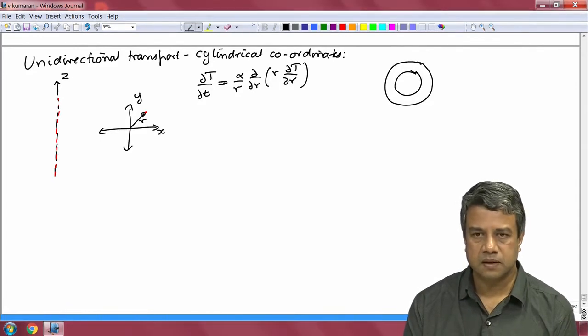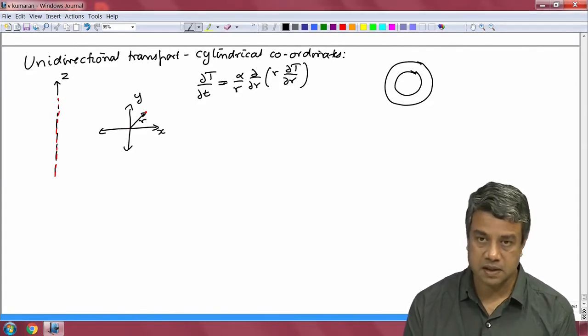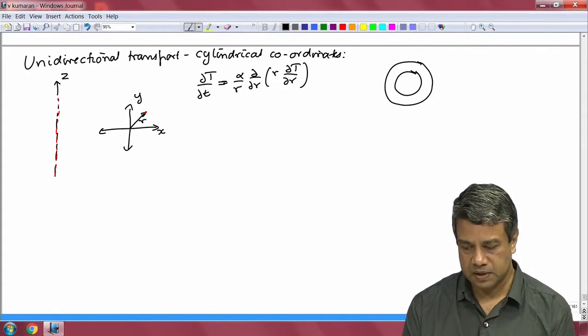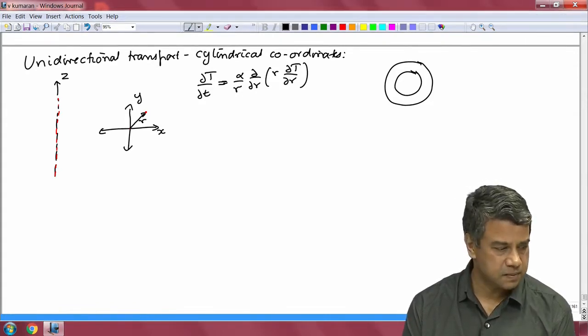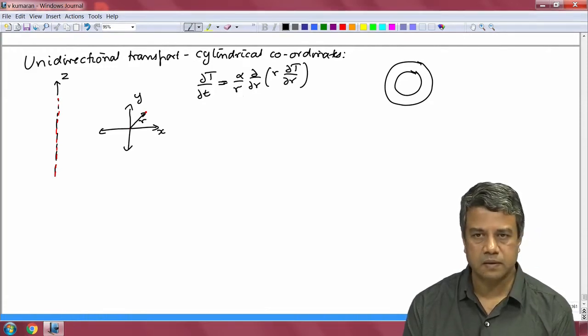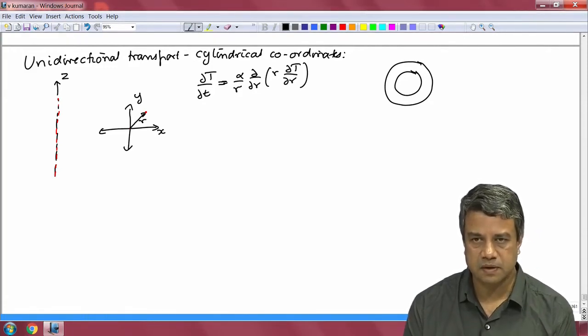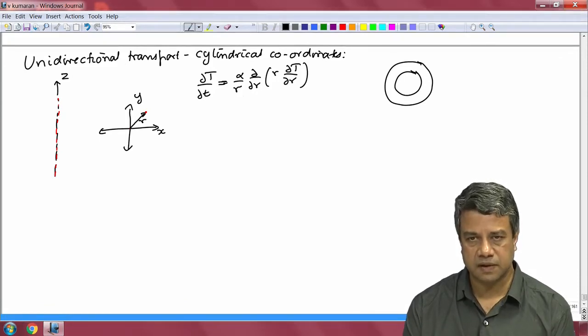Now, we will look at unsteady problems, where there is a time dependence. If you recall, in the Cartesian coordinate system, we had started solving with a similarity variable for diffusion into an infinite medium.